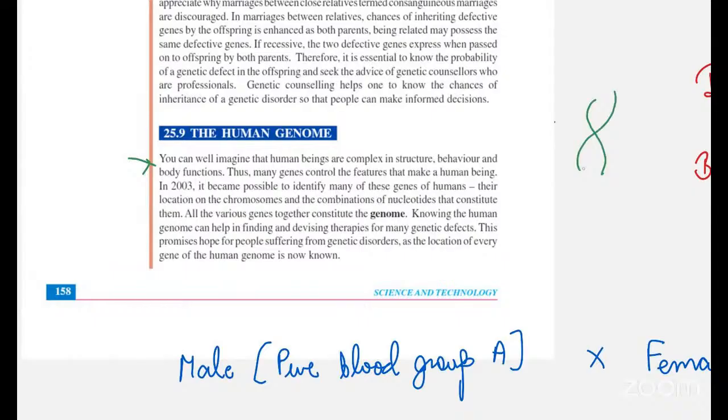We have this strand which is made up of sugar and phosphate bonds, and we have nucleotides, like the base between them. Understood? These nucleotides are also called nitrogenous bases, and they are ATGC, which is adenosine, thymine, guanine, and cytosine.